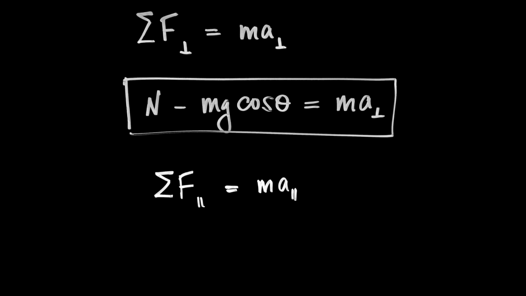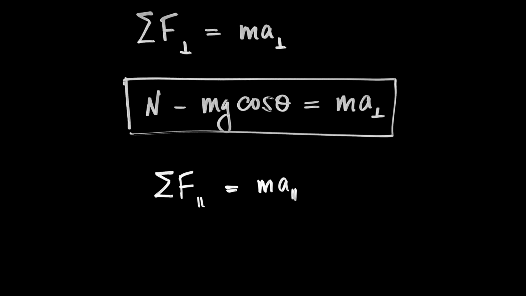I haven't even asked a question, but I now have an equation that can solve for the perpendicular motion of the block under any circumstances: at rest, constant velocity, or accelerating. The sum of all the forces parallel to the incline is equal to the mass times the acceleration parallel to the incline. Now I'll look at my free body diagram and ignore those perpendicular forces. Consider only the forces that are parallel to the motion.